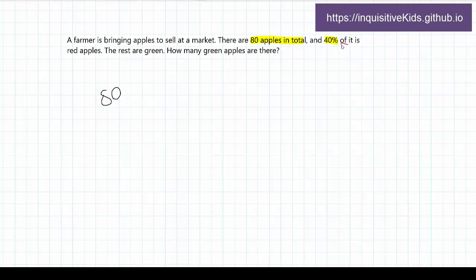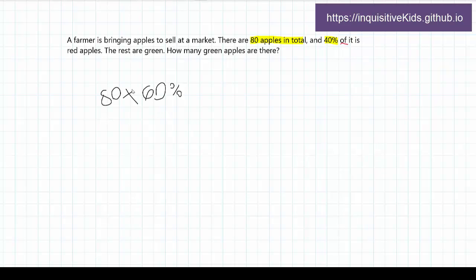Notice that I also underlined the word of. Remember from our tips, it means times. That tells us that the equation will be 80 times 60%. Do you still remember the other tip?